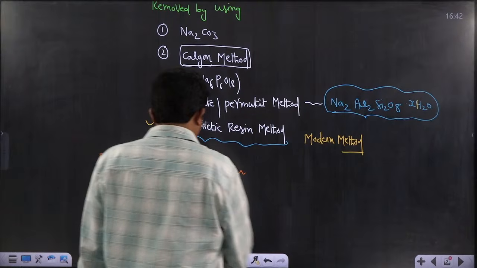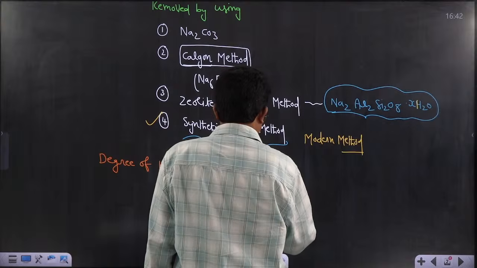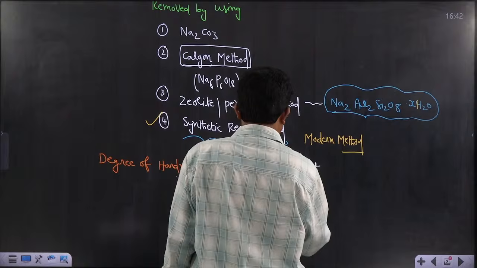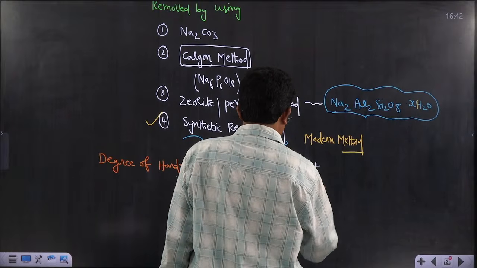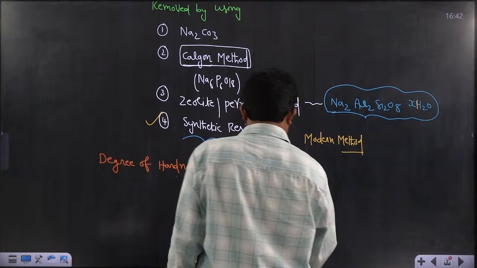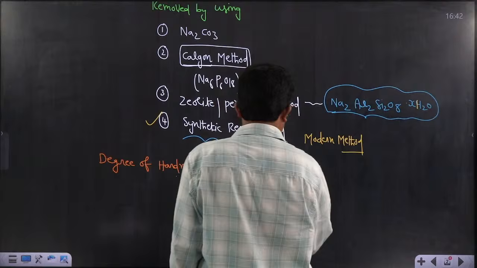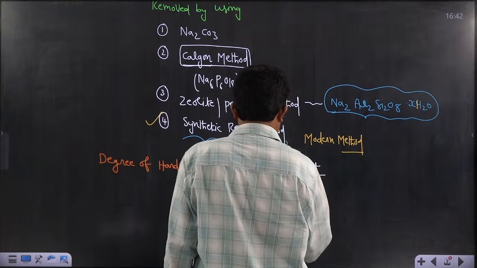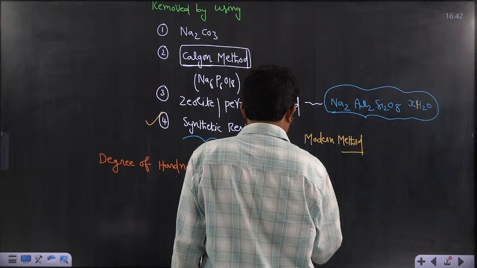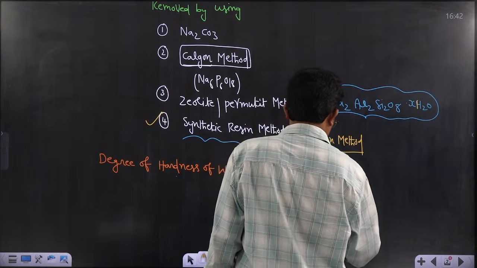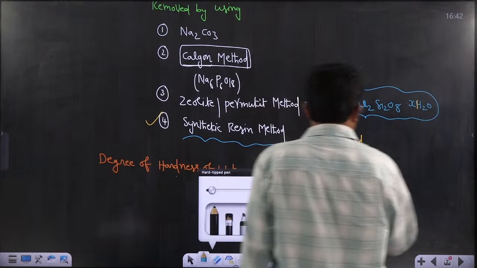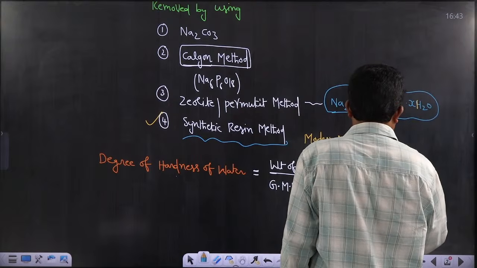Degree of hardness of water equals the weight of the salt in grams divided by the gram molecular weight of the salt, multiplied with the molecular weight of calcium carbonate.